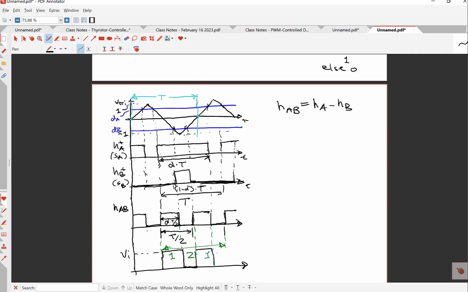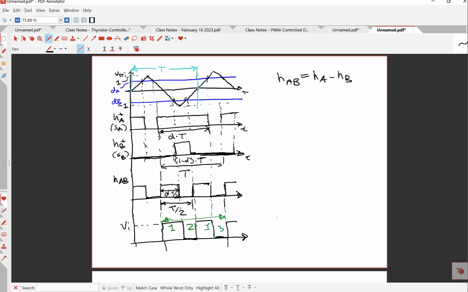So this is a 3rd state. That creates 0 voltage. And this pattern is going to repeat every period.